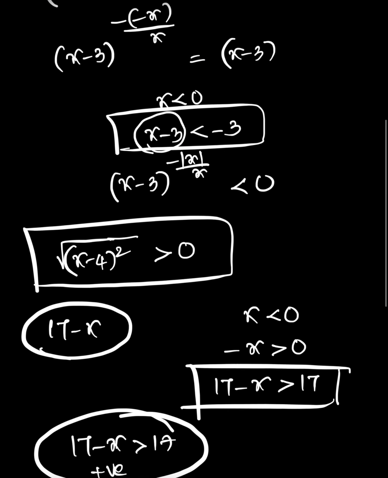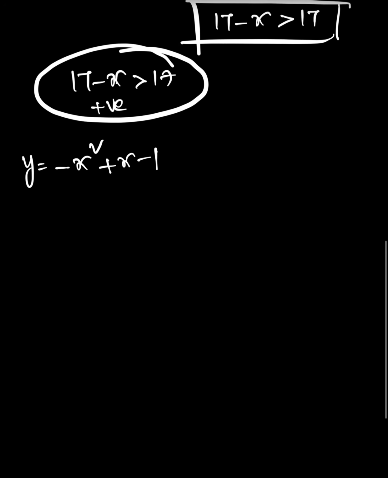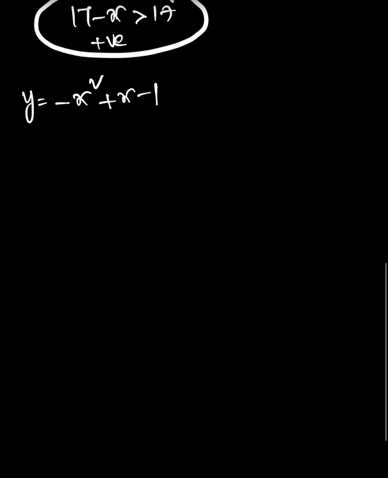Now coming to the quadratic present in this question, minus x square plus x minus 1. Let us say it is y equals minus x square plus x minus 1. Here the coefficient of x square is negative, so the parabola opens downward, like an upper curve, not a lower curve.